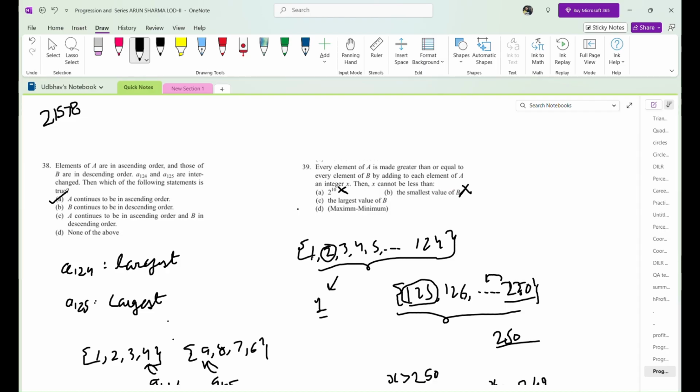If we multiply 250 by 1, yes, it is going to be greater than or equal to 250. But a better option would be maximum minus minimum.